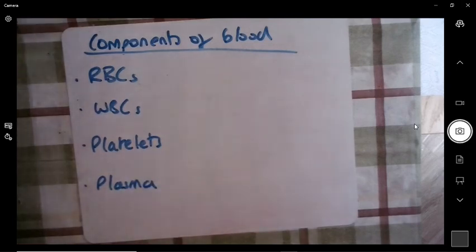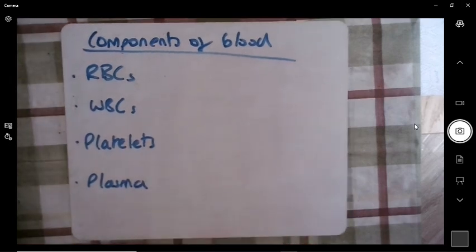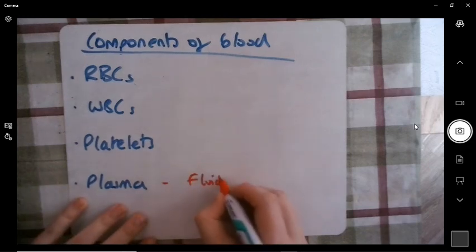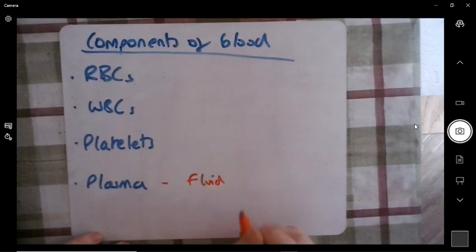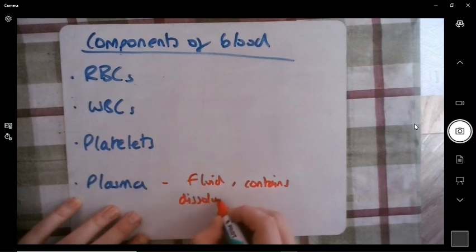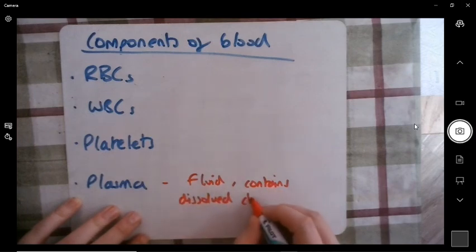So I'll start with plasma, it might be at the bottom, but it's a good one to start with. The plasma is the fluid part of the blood, and it contains dissolved chemicals.